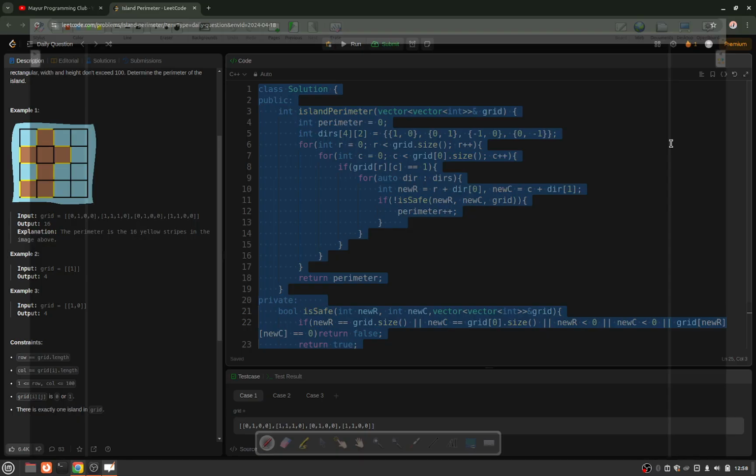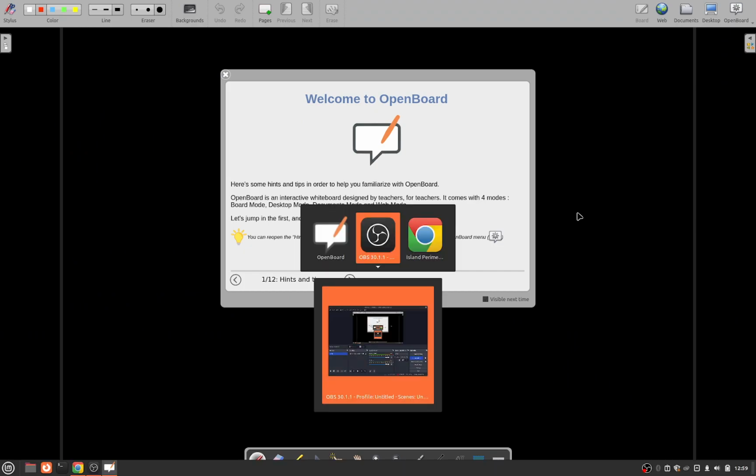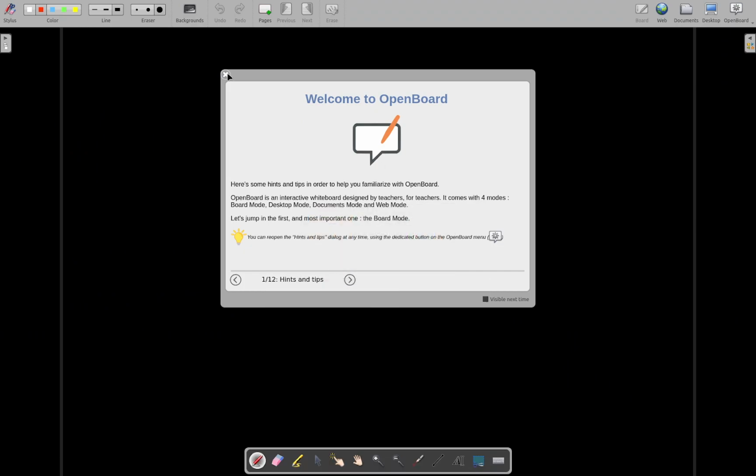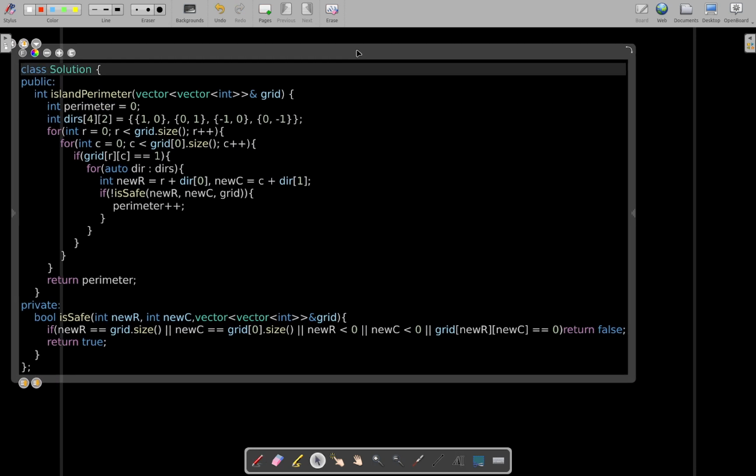So let me quickly copy. I don't know why two instances of the board were open at that time. Anyways, let's take the code to our board. So this is the code.